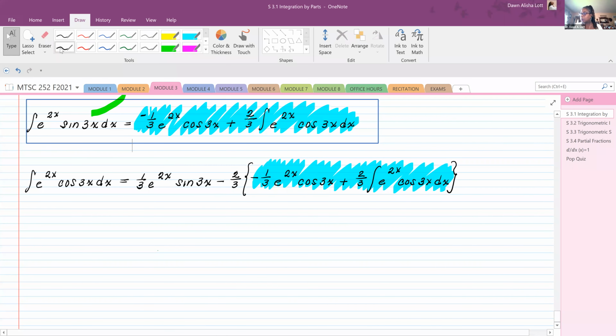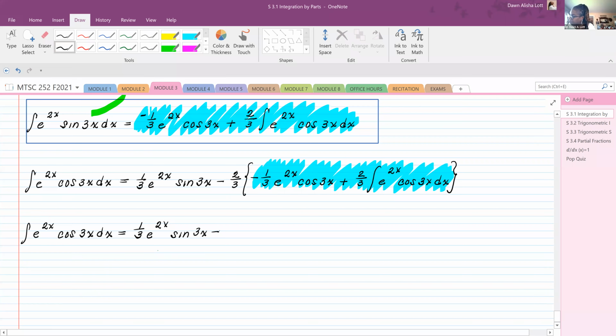So now I get the integral of e to the 2x cosine of 3x dx is 1/3 e to the 2x sine of 3x minus. So now I have a negative 2/3 and a negative 1/3.